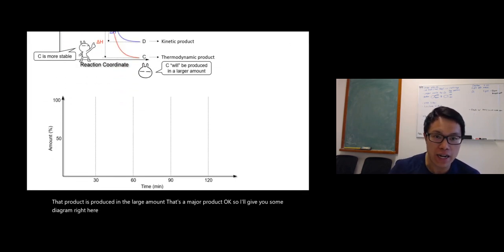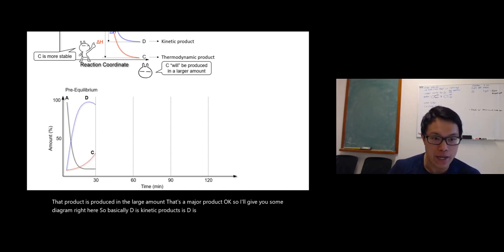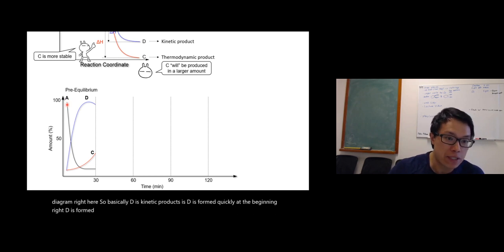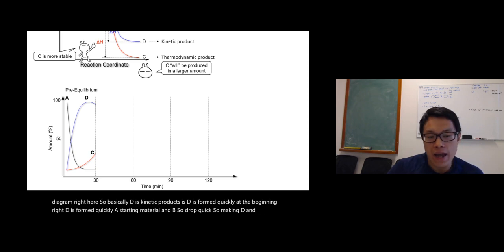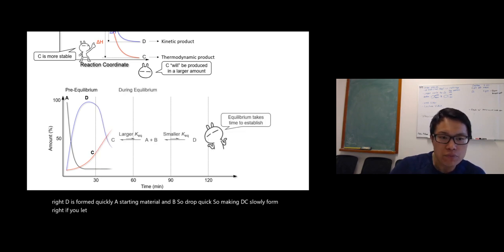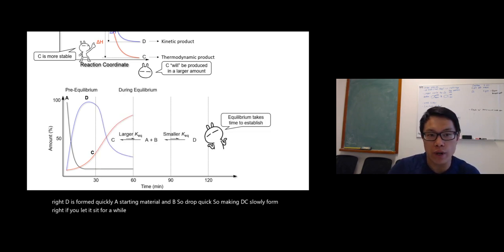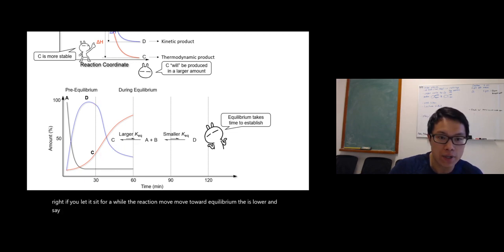I'll give you some diagrams right here. D is the kinetic product. D is formed quickly at the beginning. A and B, the starting materials, drop quickly, making D, and C is formed slowly. If you let it sit for a while, the reaction moves toward equilibrium. D is lower and C is higher, because all the equilibria are related.